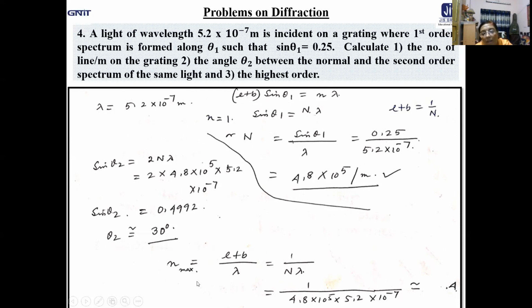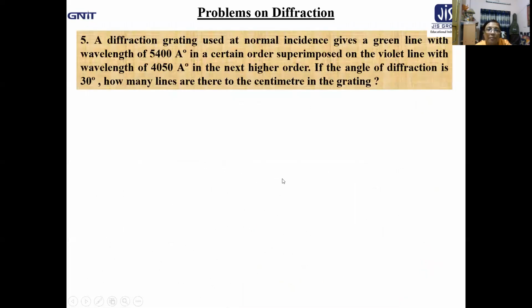The formula we have already derived in our previous lessons. That is given by (e plus d) by lambda because sine theta equal to 1 here. Now e plus d means 1 by N into lambda. All the data are given here. Put the value, you will get the maximum observable order or highest order as 4. Okay. Now move to question number 5.